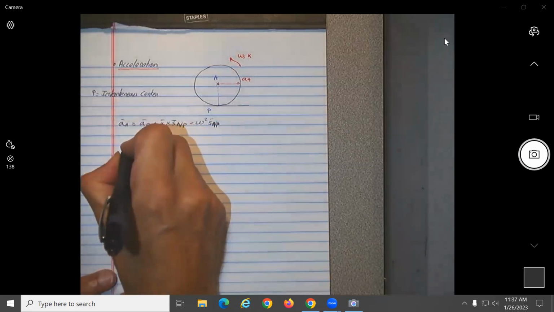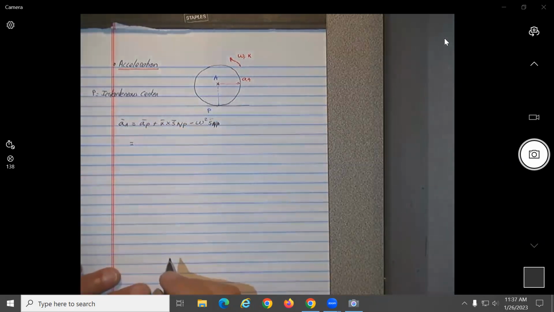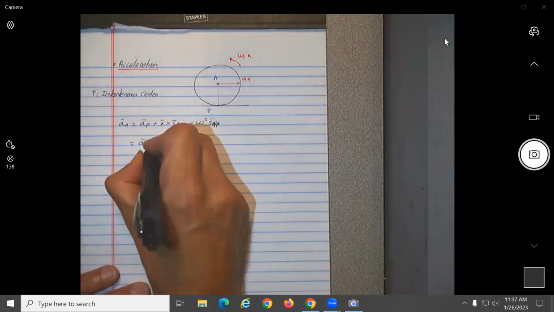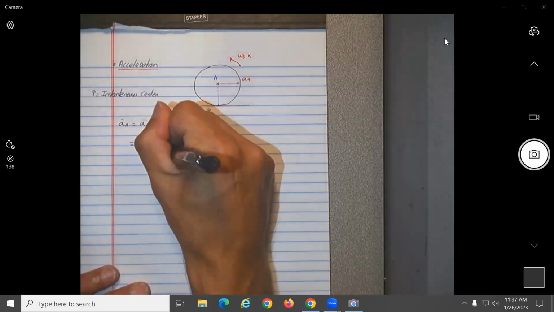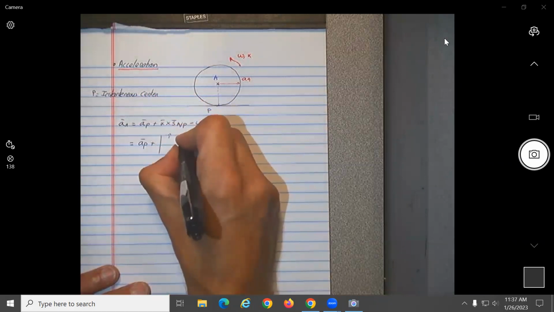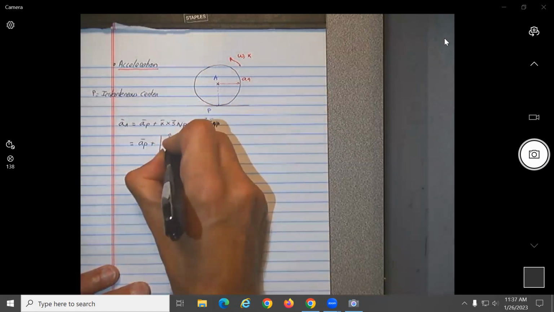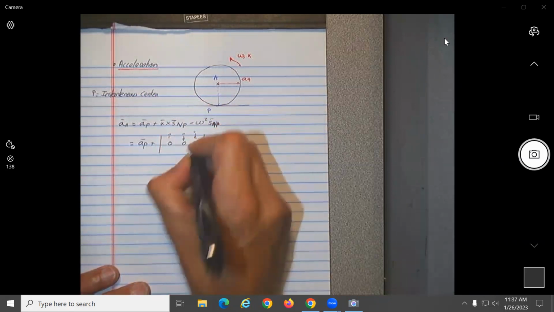All right, so jump to one line and let's not neglect A P, okay, for now. Plus I J K of 0, 0, alpha.